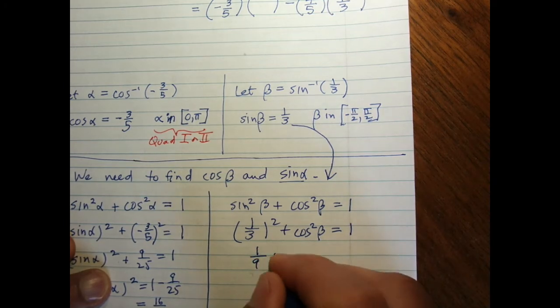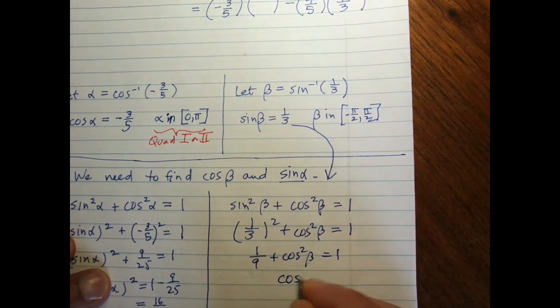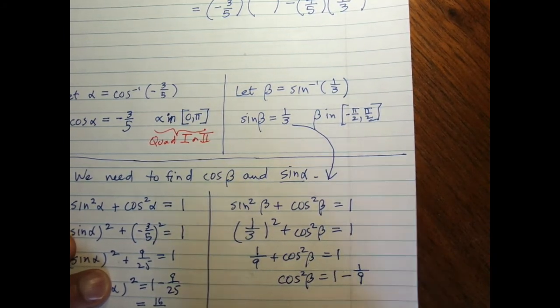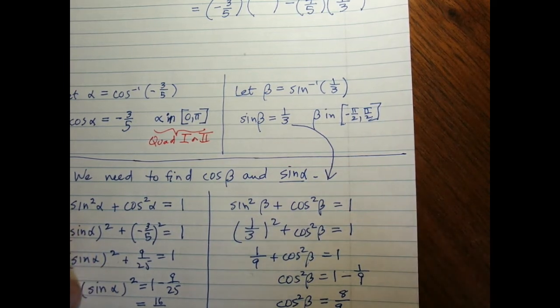That's 1/9 plus cosine squared beta equals 1. Cosine squared beta is 1 minus 1/9. So cosine squared beta is going to be 9/9 minus 1/9, that's 8/9. Cosine beta is plus or minus the square root of 8/9.